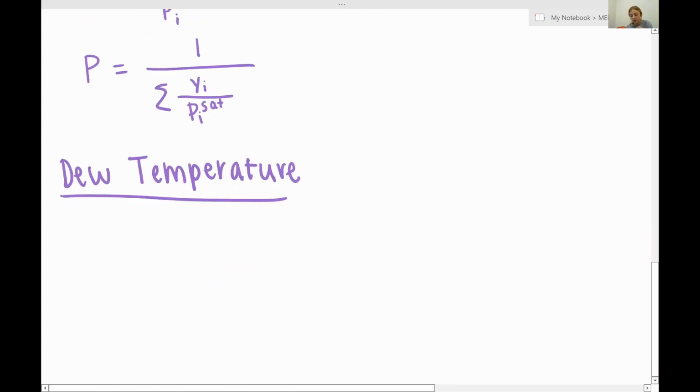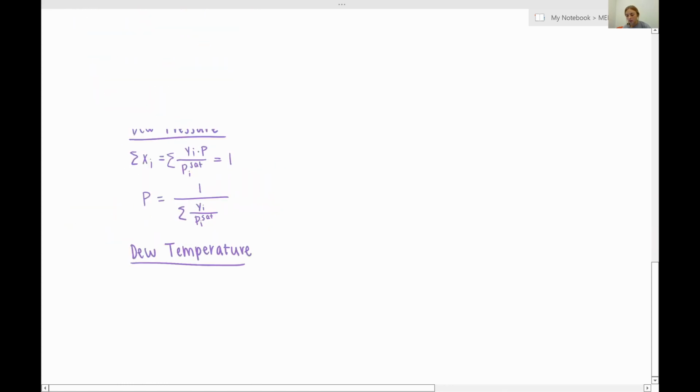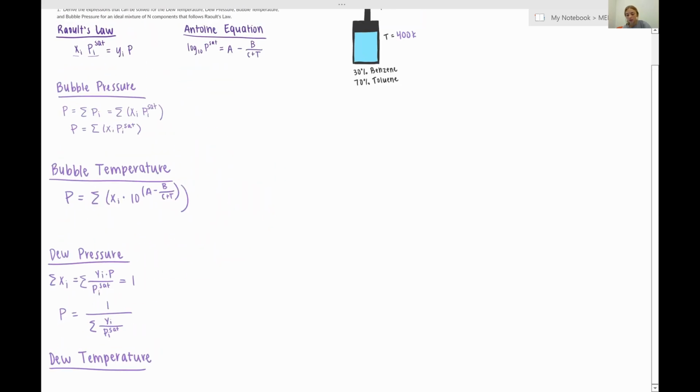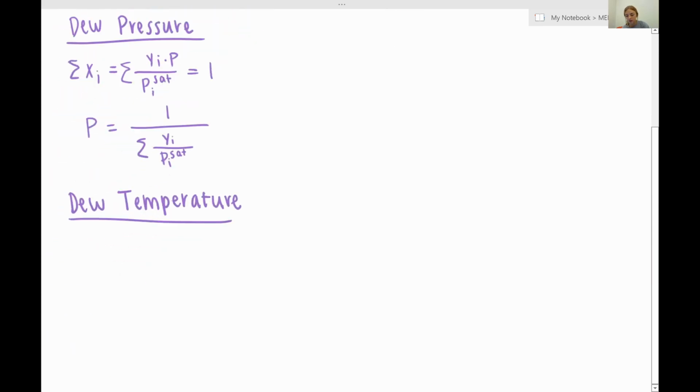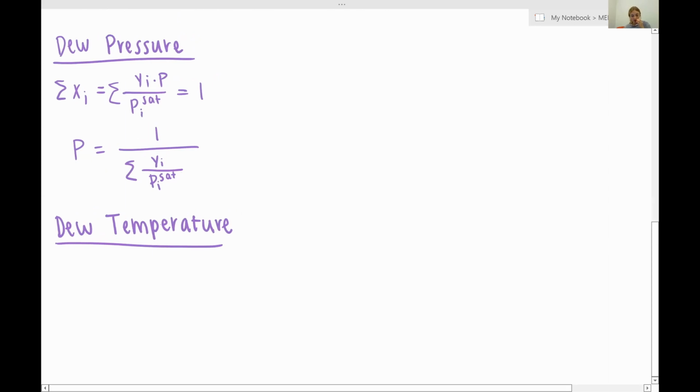So now moving on to dew temperature. Just like with our bubble pressure above, where we used that bubble pressure expression to find our bubble temperature, we're going to be doing that again with the dew pressure and temperature.